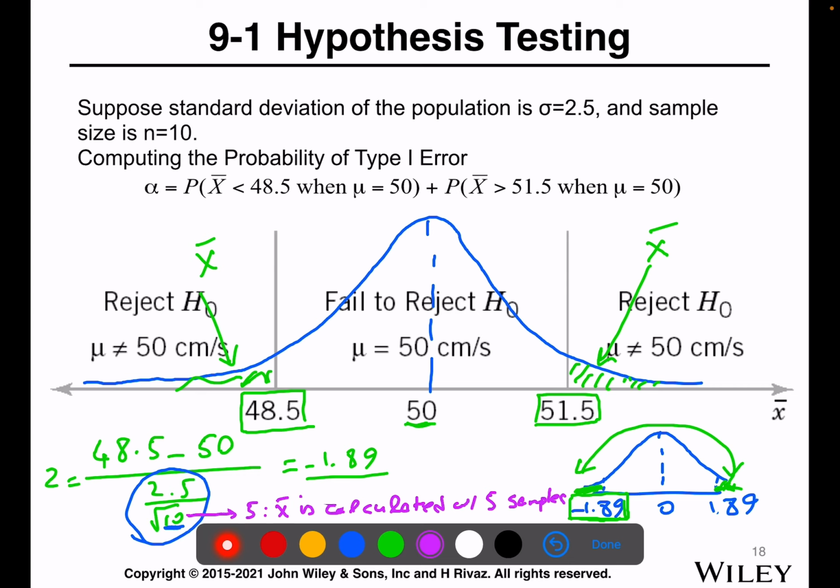With 5 samples, my normal distribution has heavier tails, so it's going to be something like this.